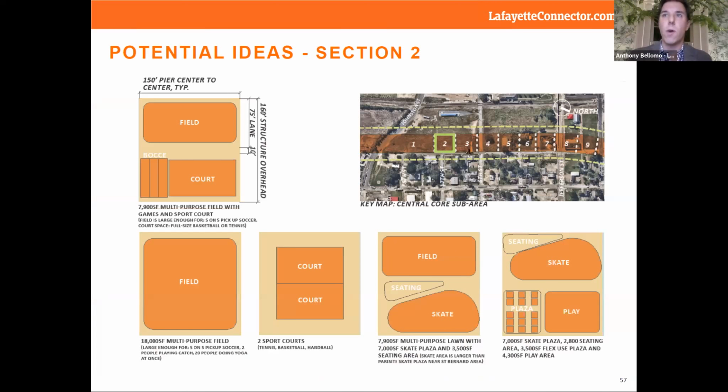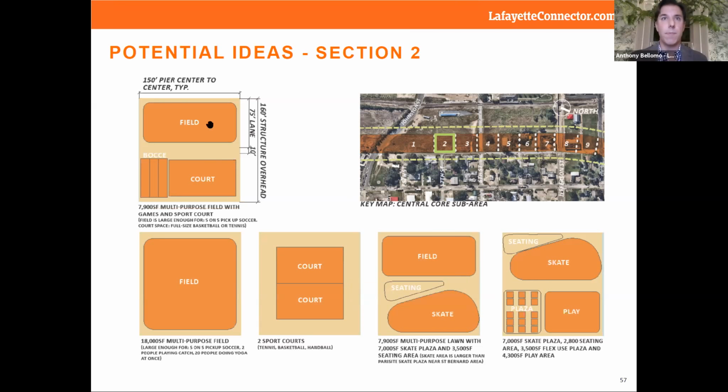And so if we took one of these spaces, like this space that's sub area number 2 or section 2, again, we're not trying to say that these are the uses that are right for section 2. It's just looking at some of the precedents and all the potential ideas for maybe active recreational use close to the downtown core or not. This is what can fit into one of these sub areas. And it really can run the gamut of options.